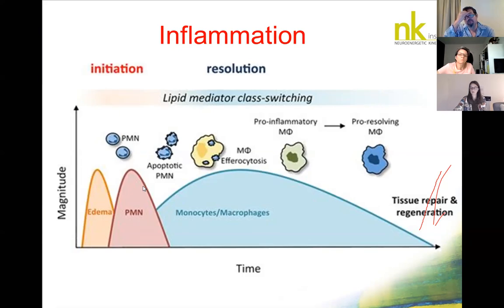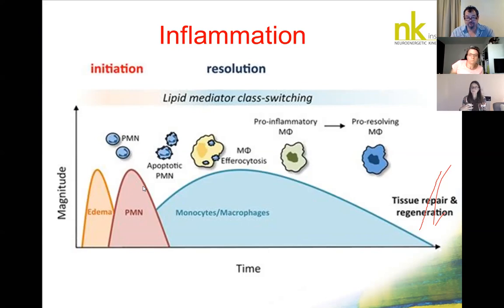Okay, so monocytes can be in their initial phase, the pro-inflammatory phase, where they release all the pro-inflammatory cytokines. And the pro-inflammatory phase, it should be acute.